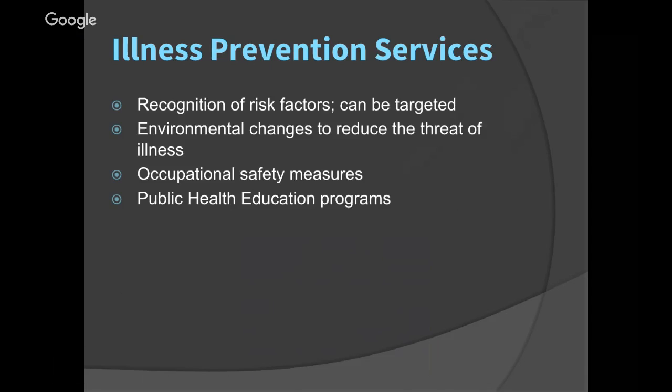And public health education programs. Perhaps you sat in a sex ed presentation about how to prevent getting a sexually transmitted infection or something like that. These are all different examples of how professionals in the health field prevent illnesses. Are there any that you can think of?